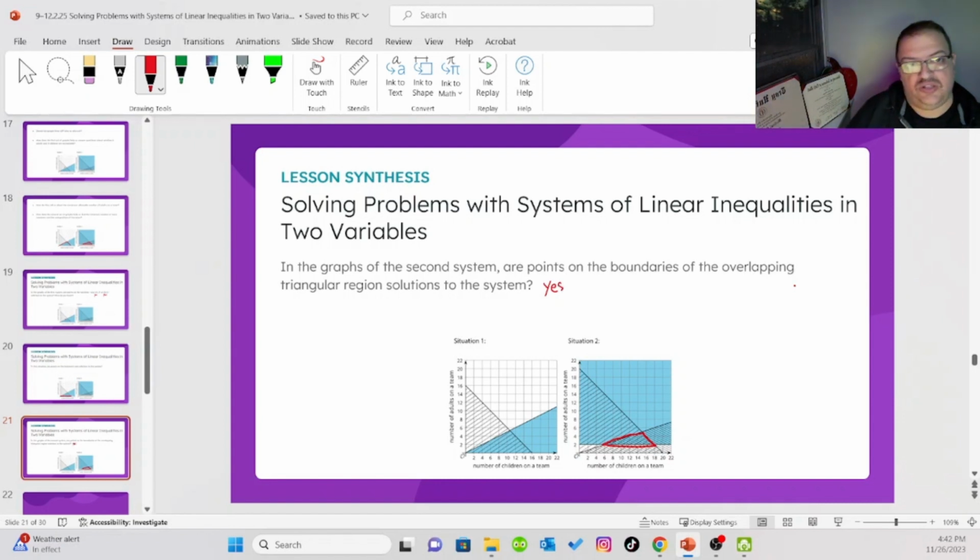My solutions can be in the triple shaded area and on the portions of solid lines that create the triple shaded area.